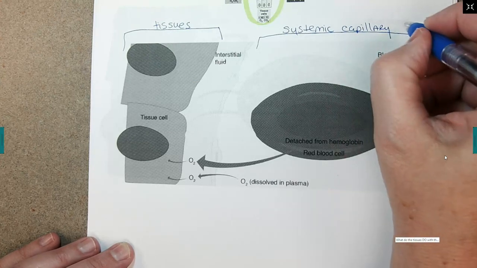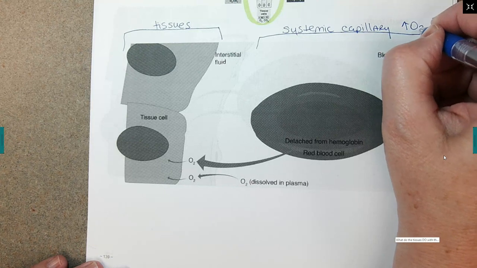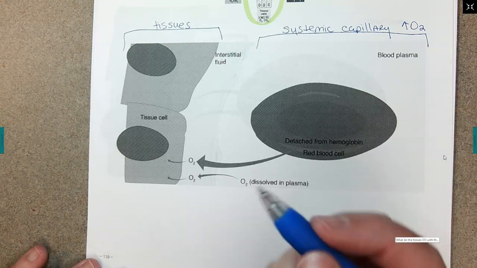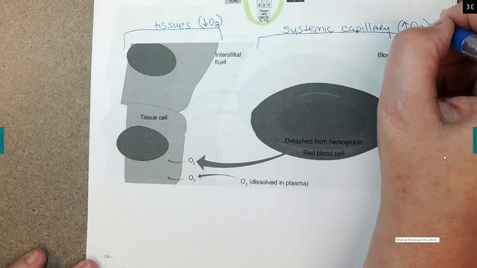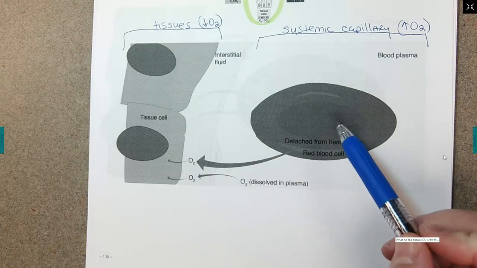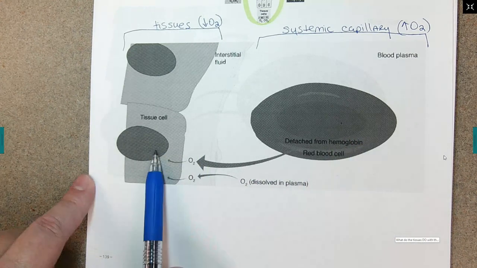Your systemic capillary carries blood. This has a high oxygen content. Your cells in the tissue have a low oxygen content. So the purpose of your capillary is to take the oxygenated blood and drop it off in the tissues. But how does it do that?